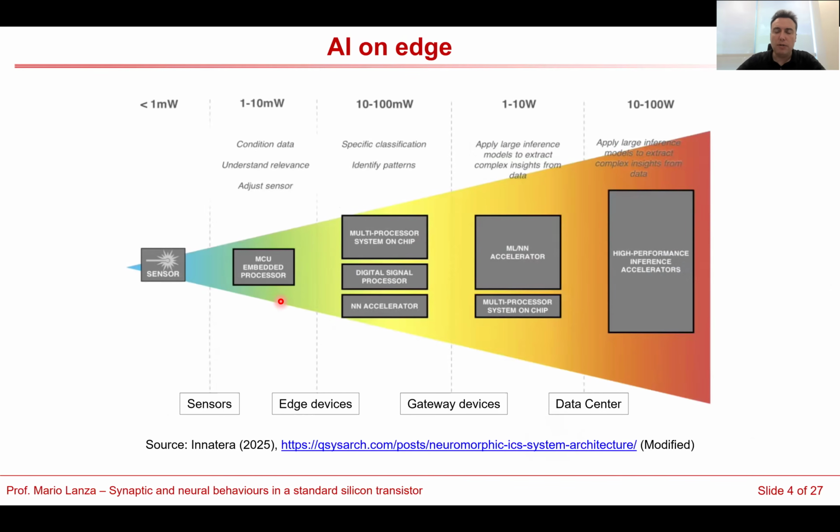So in fact, if we analyze the needs for artificial intelligence, we can see that the previous example that I showed you at the data center level is here, and each one of these GPUs consumes a lot of power, in fact, even up to 1000 watts.